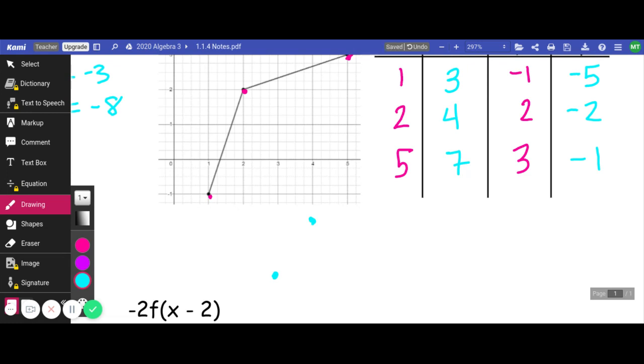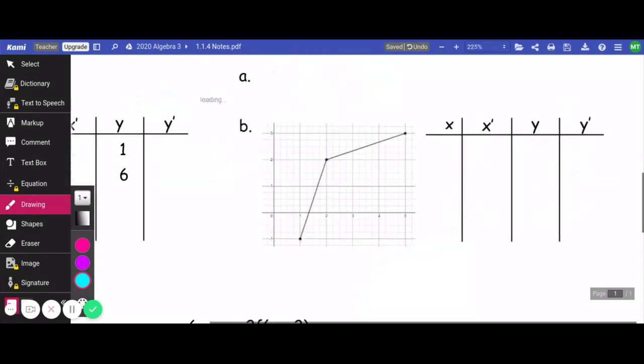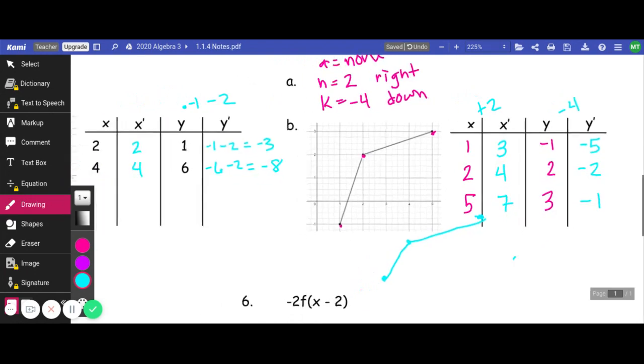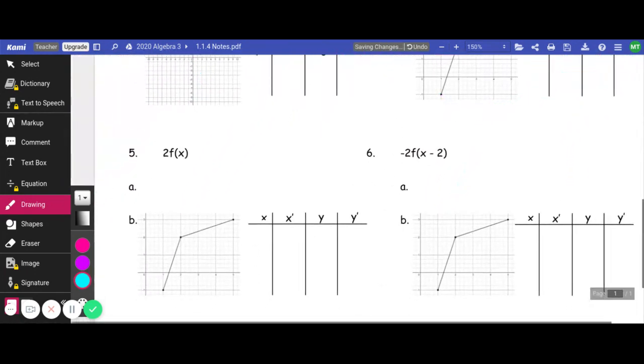And then 7, negative 1. So there is my graph for my new function. Sorry, I didn't do the graph very well on that one. But you see how we can do that.